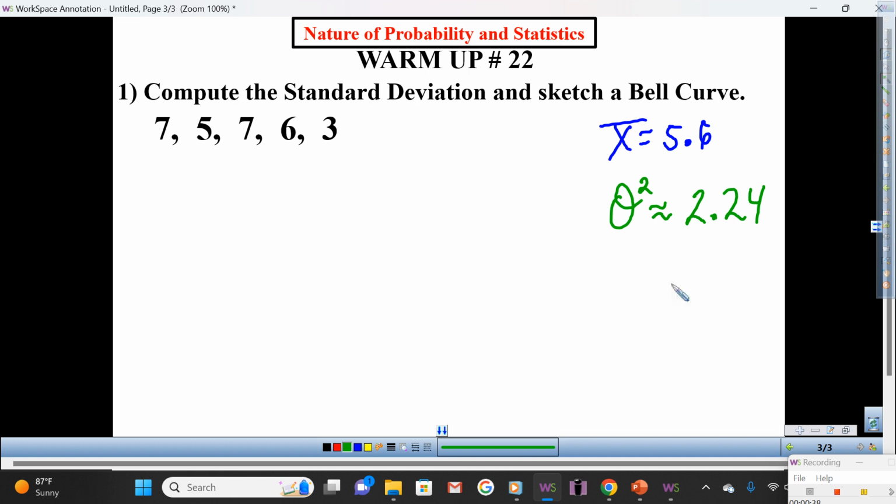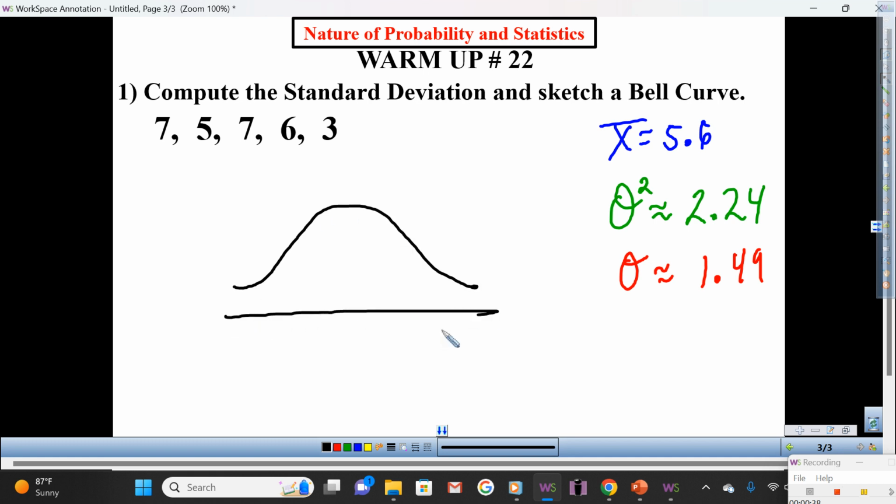And then from there we need a standard deviation. What'd you get for standard deviation? Bree: 1.49. Hands if you got that. Looks about right. So our bell curve: we start with our mean, which is 5.6.